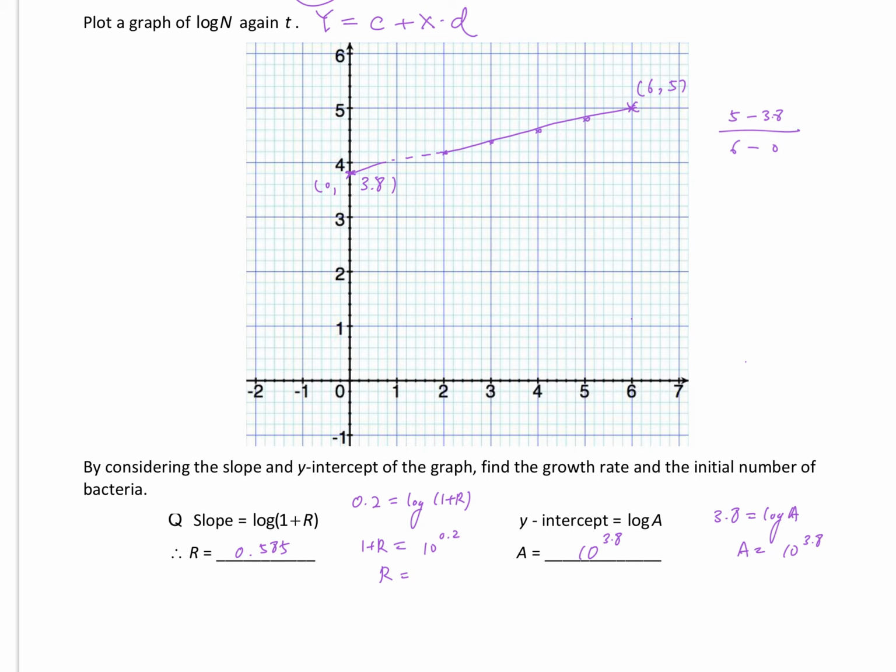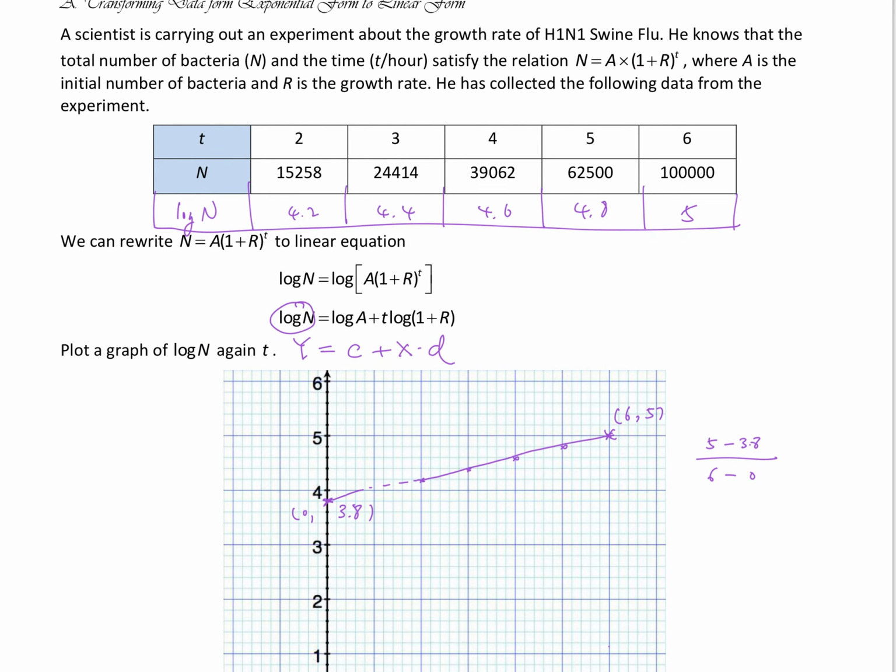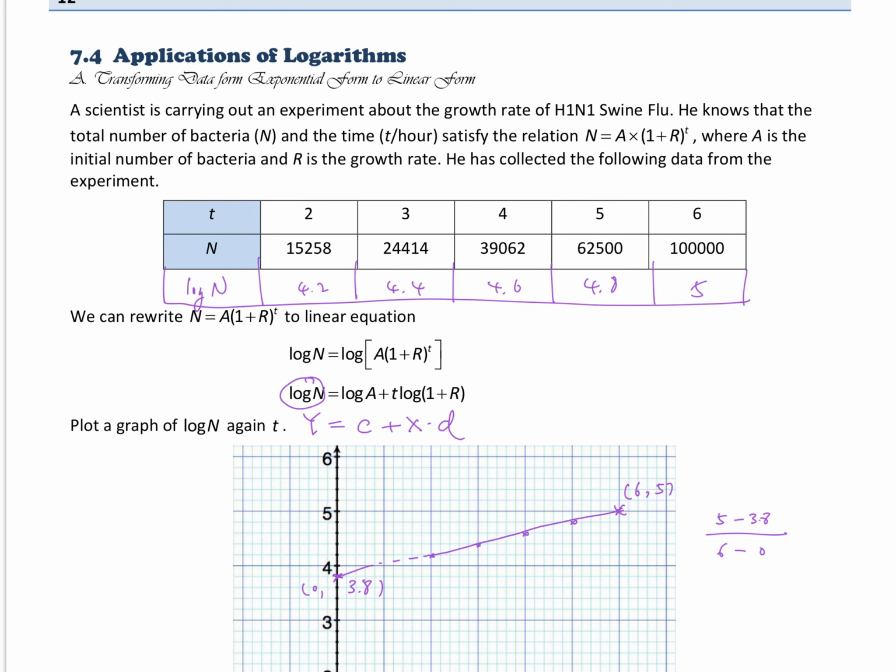So remember, we can make good use of the properties of the log function. We can change the exponential function to a linear function. But the main point is that after changing to the linear equation, how can we relate the y-intercept and the slope to the original constants?